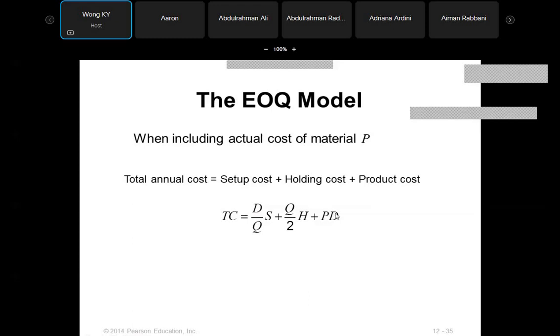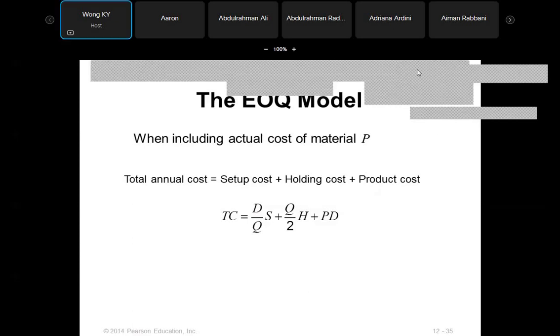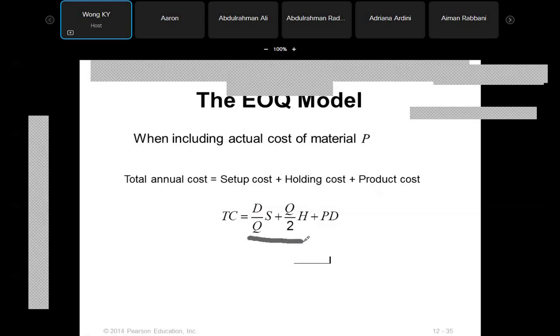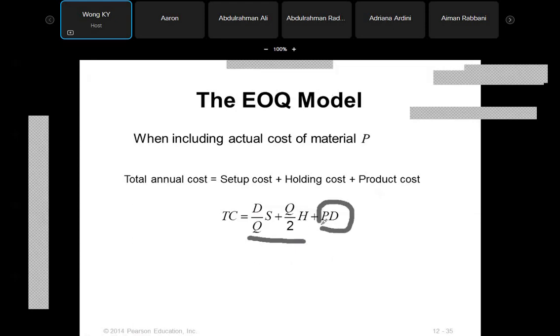So P times D gives you the total material cost or the total product cost for that particular inventory. So if material cost is given, then total cost will be calculated like this. It's the same, but then you add this term here. Only add this term if the material cost is given. If the material cost is not given, then the total inventory cost is just this.